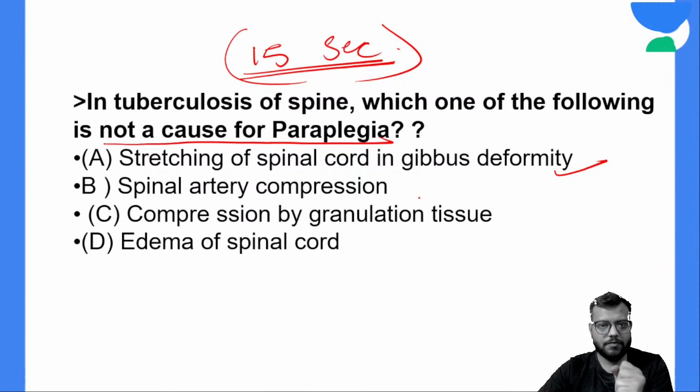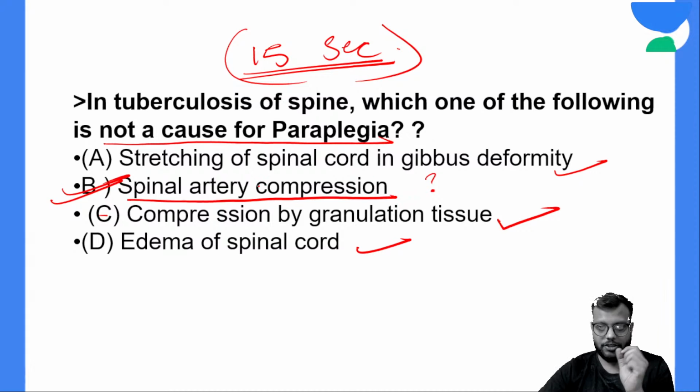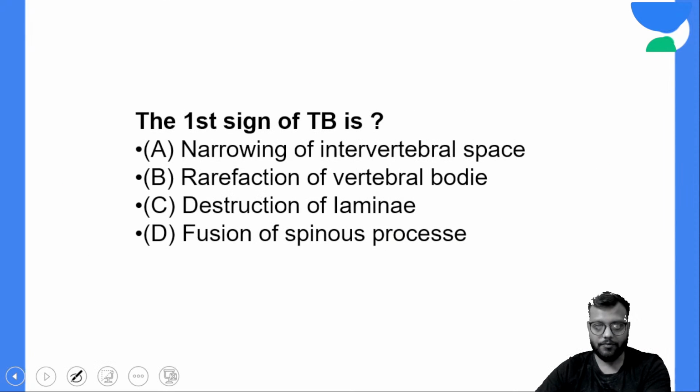Infarction of the anterior spinal artery can happen. So yes, this will be a question mark. Compression by granulation tissue, yes. Edema of the spinal cord, yes. So the answer will be spinal artery compression. If here, instead of compression, it was spinal artery blockage and infarction, then also the answer would be B, because I have told you in my session that it is a rare thing. So the answer will be spinal artery compression.